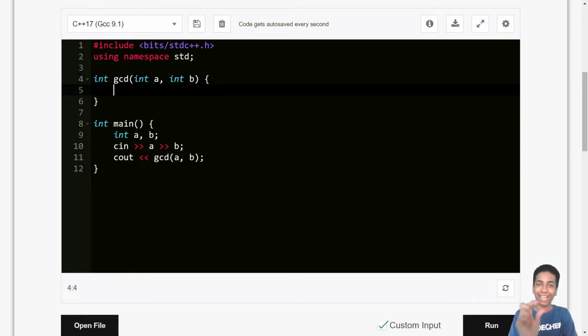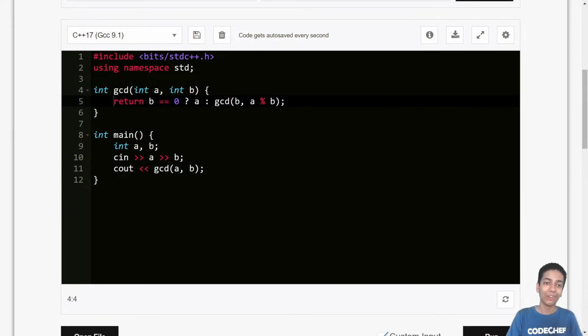I like this one liner version a lot using ternary conditions. So we'll use return if B is 0, then A, otherwise GCD of B and A mod B. Okay, so this is the one-liner version for Euclid's GCD.